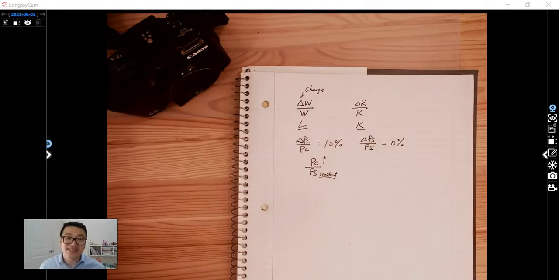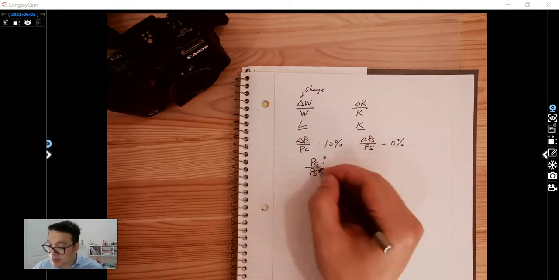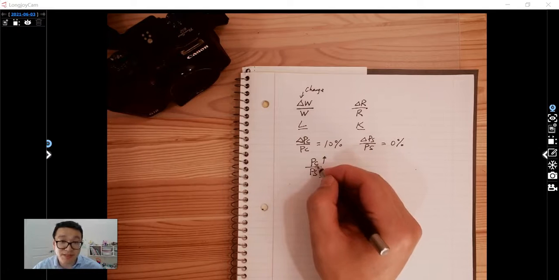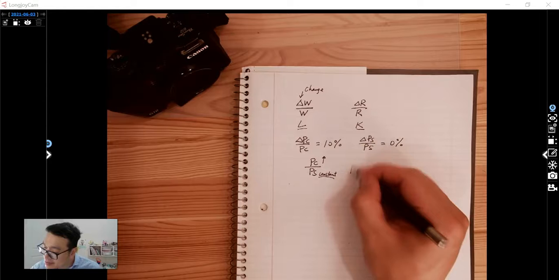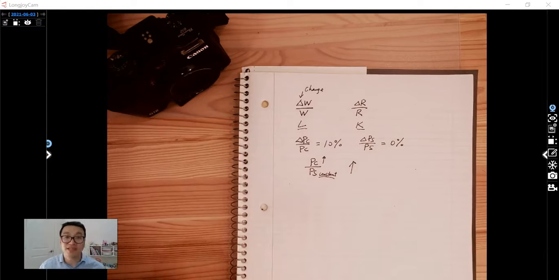If computer price continues to increase but shoes price is constant, how will this relative price PC over PS change? I think you got it. The entire relative price ratio is going to increase if the price of computer increases and the shoes price is constant, doesn't change at all. So what's the meaning of this relative price change?